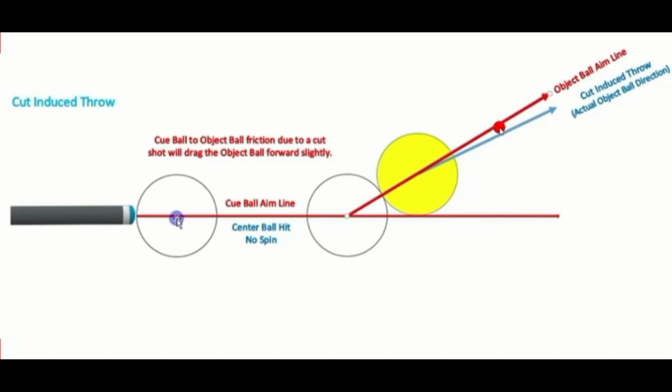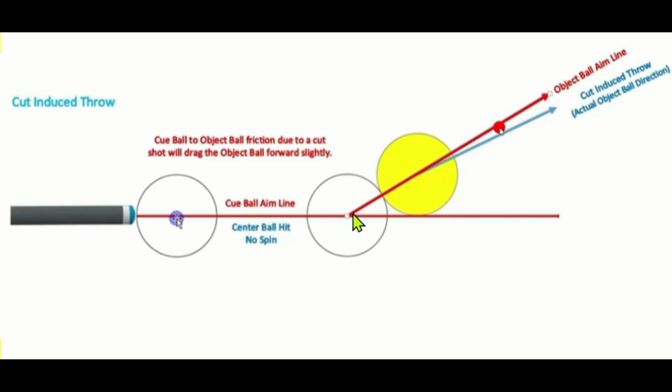So the first thing you can learn from this app is about cut induced throw. When a cue ball passes by an object ball with no side spin, this could be with top spin or stun or draw, as long as there's no side spin, when the cue ball touches the object ball, it creates friction here that pulls the object ball in the direction of the cue ball.